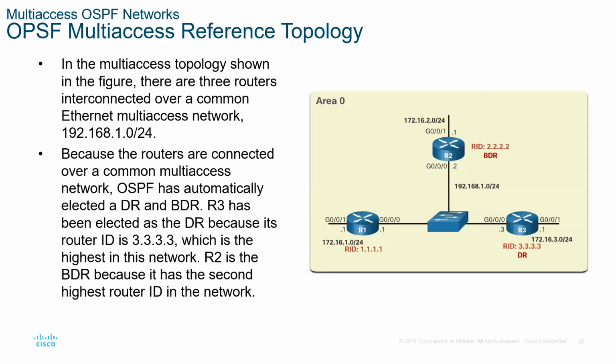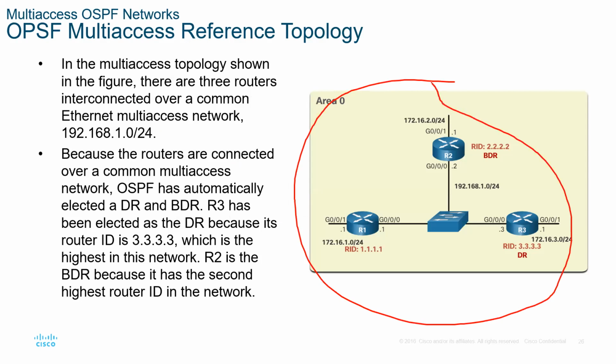In a multi-access topology, as we can see in this particular image, remember in part 1, there are 3 routers: 1, 2, and 3.